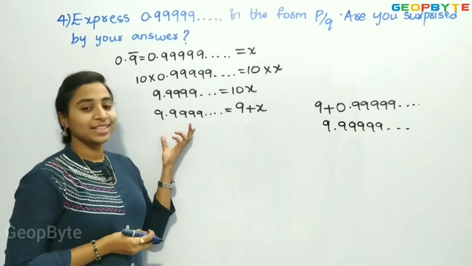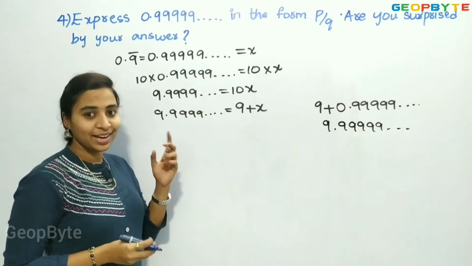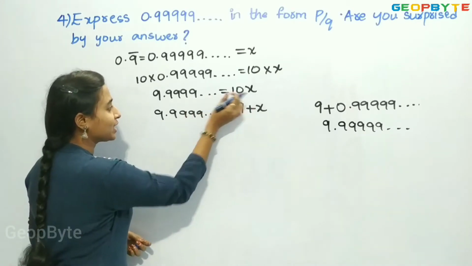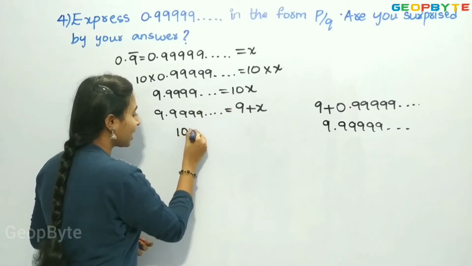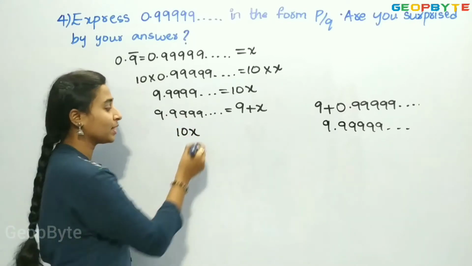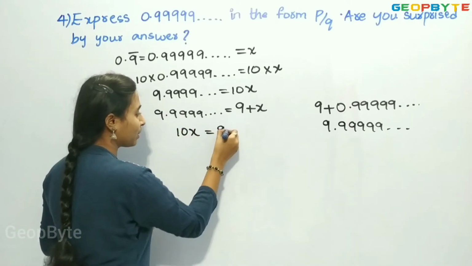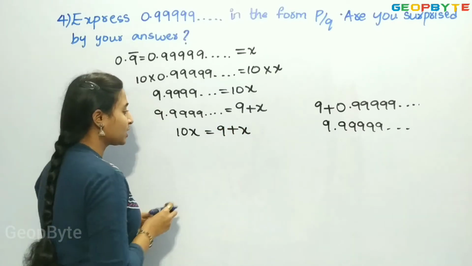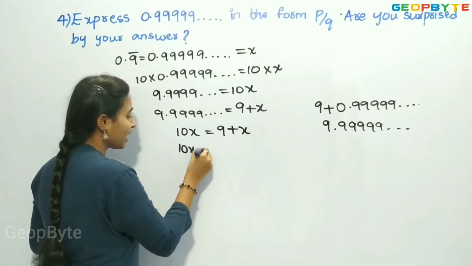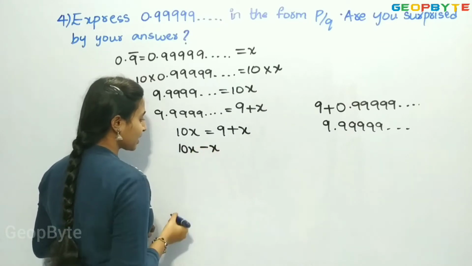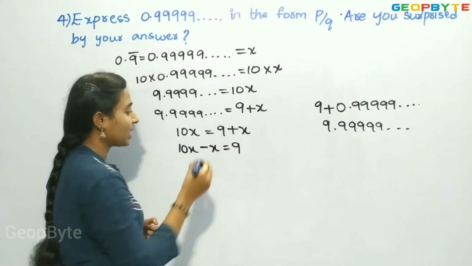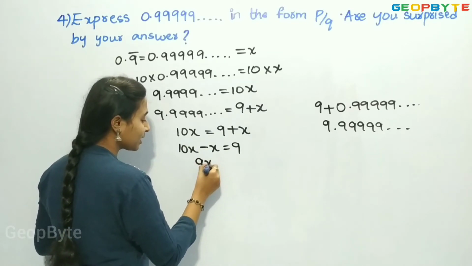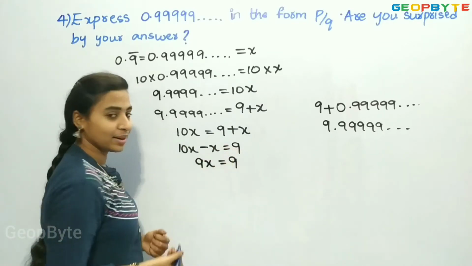We got the same 9.999 and so on. So now we can write 10x is equal to 9 plus x. Now if this x comes towards left, 10x minus x is equal to 9. 10x minus x, 9x is equal to 9.